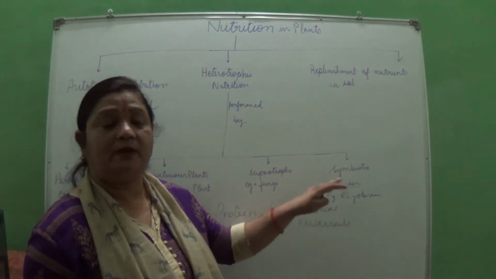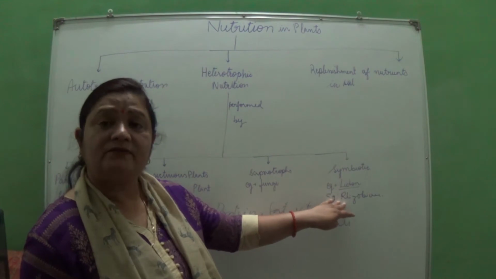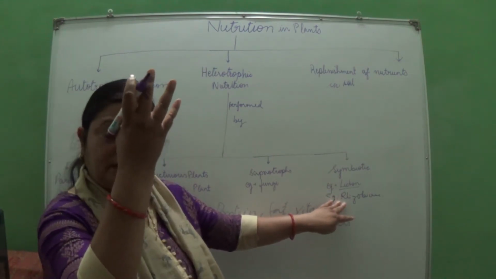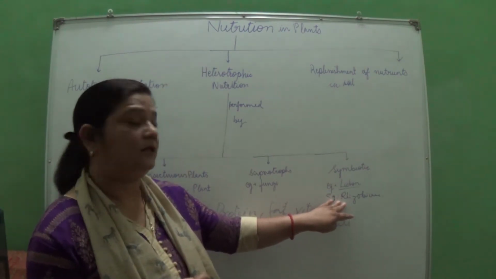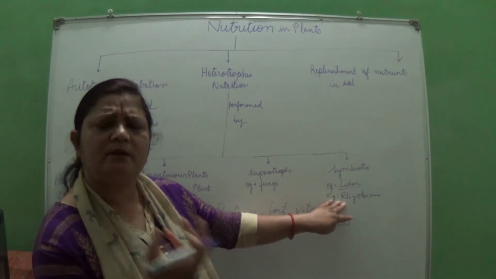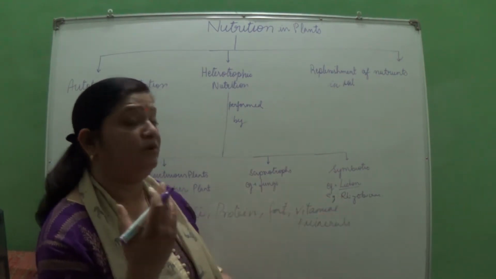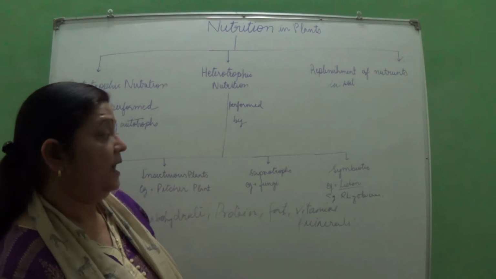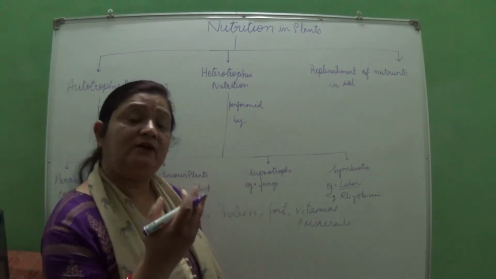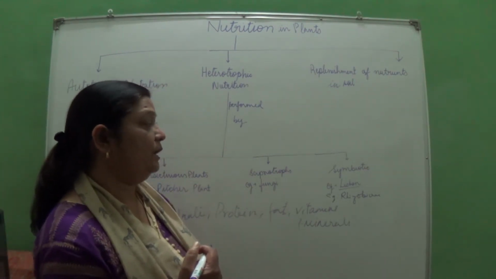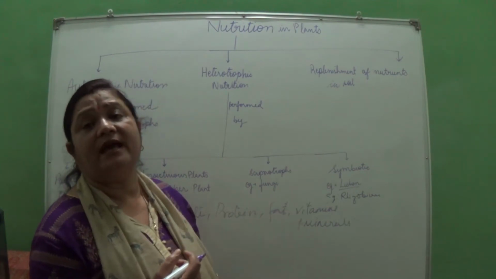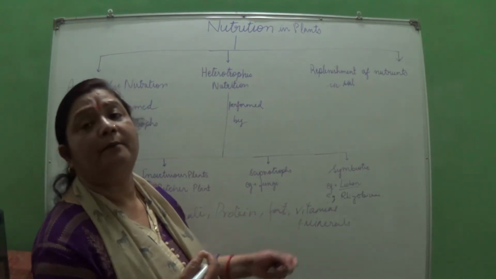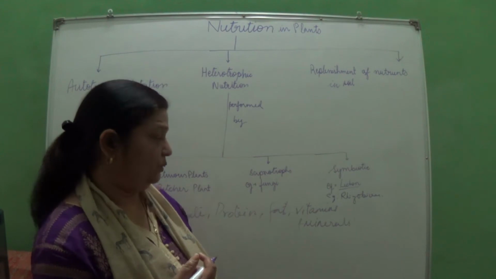What does this rhizobium do? It fixes the atmospheric nitrogen in the soil and makes it into a soluble form so that it can be used by the plant. And in return, the leguminous plant provides nutrition as well as shelter to this bacteria, that is the rhizobium.